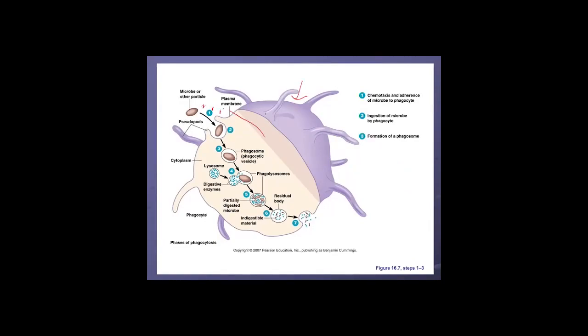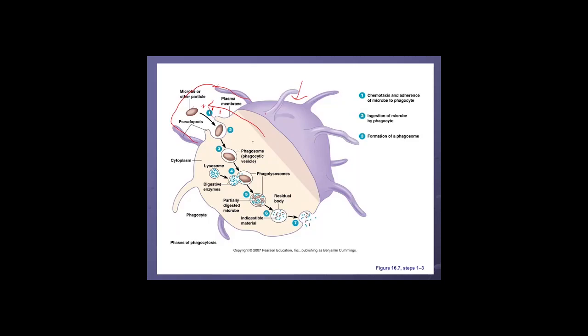So this guy is going to follow this microbe, and when it gets close, it's going to extend its pseudopods out. That's an active cellular rearrangement that causes the membrane to send out these extensions. These guys are going to come around and surround that microbe. And then they're going to pull it on in. So that's what's happening. This guy is getting surrounded by the pseudopods and being pulled into the cell.